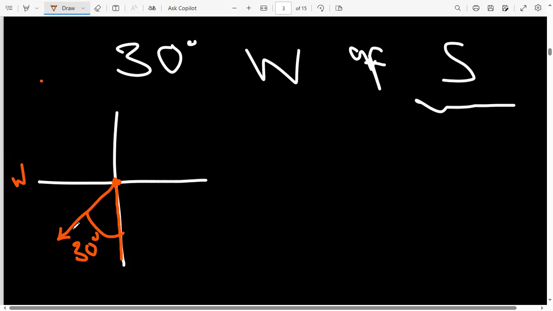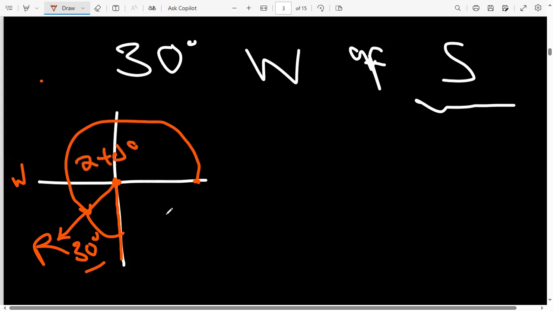So how do I find my resultant vector here? Remember, our resultant vector should come from here all the way up to here. So the angle of this resultant vector from the beginning will just be 270 minus 30, which is 240 degrees.